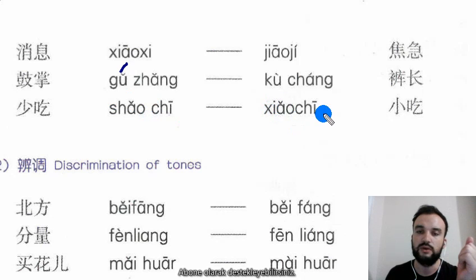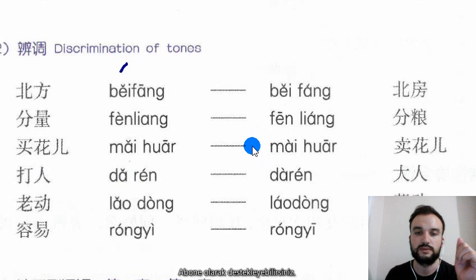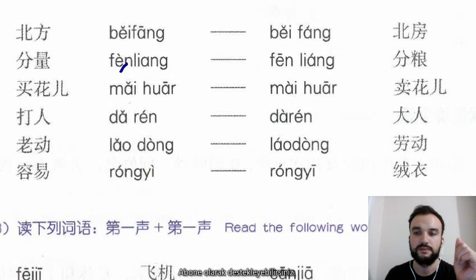Here we have third tone and first tone. 小吃,小吃,小吃. And here we have third tone and first tone again, so we should make half third tone. 北方,北方,北方.